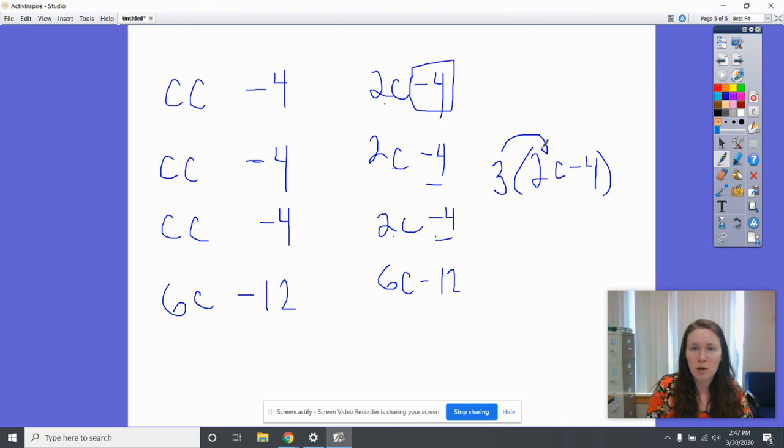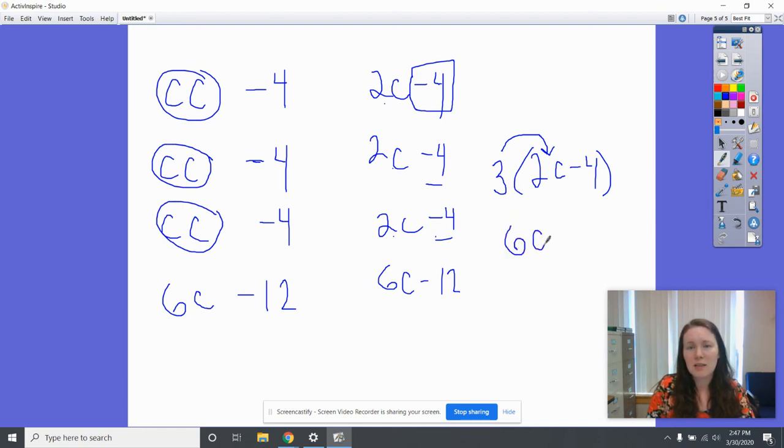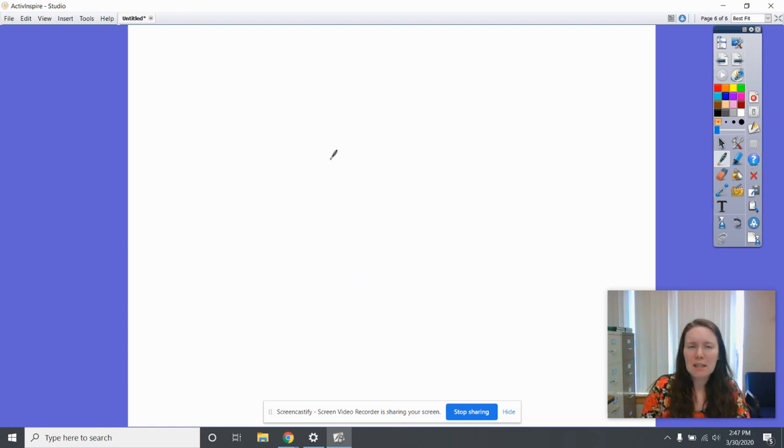So I have to distribute 3 times 2c because I had these 2c's 3 times. So 3 times 2 is 6, which means I had 6 c's. And I can multiply 3 times negative 4, because I had the number negative 4 three times, which gave me a negative 12.